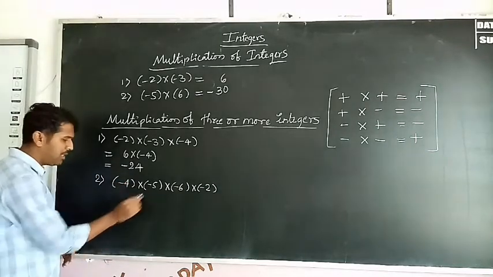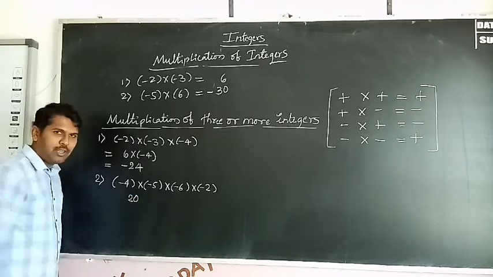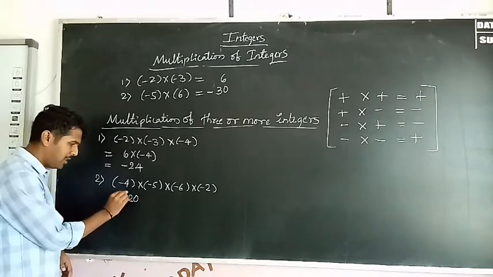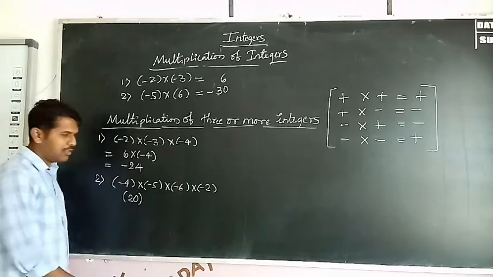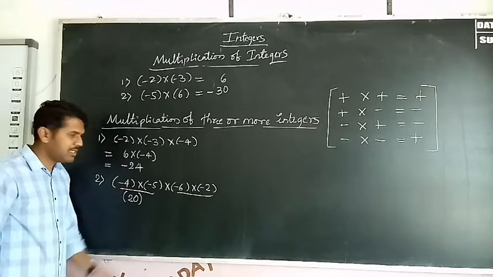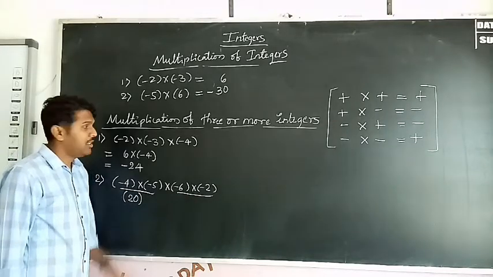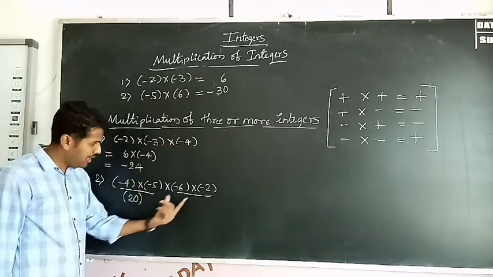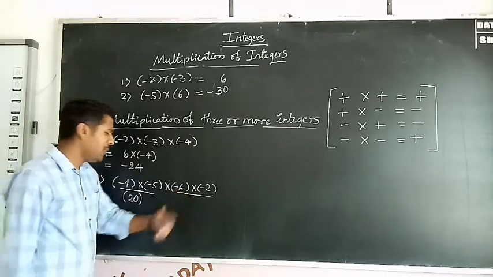Multiply the numbers: 4 fives are 20, and minus into minus is plus. You can multiply these 2 numbers first, next these 2 numbers. After that you multiply the next integers, and here 2 integers are there, so multiply these numbers also.